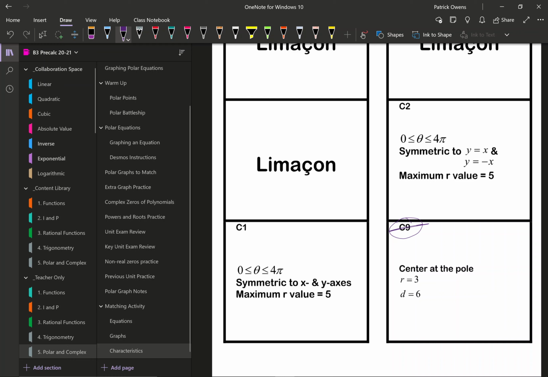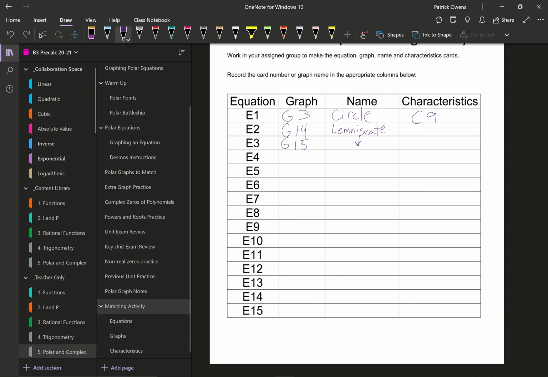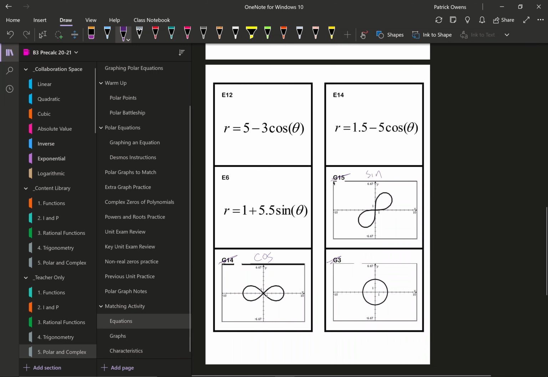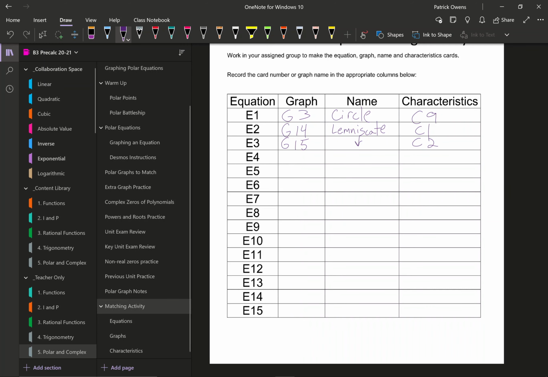We'll come back to characteristics once we've ruled some out, but I think it's going to be C1 and C2. This one was C2, this one was C1, I believe. C2 goes with our sine. Oh, yeah, that's why. Helps if I write it in the right spot.